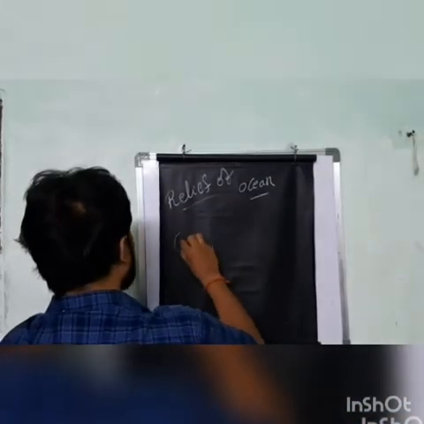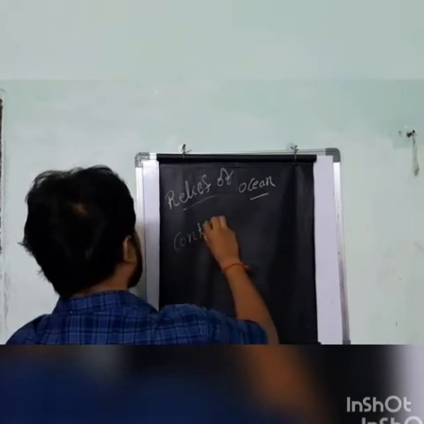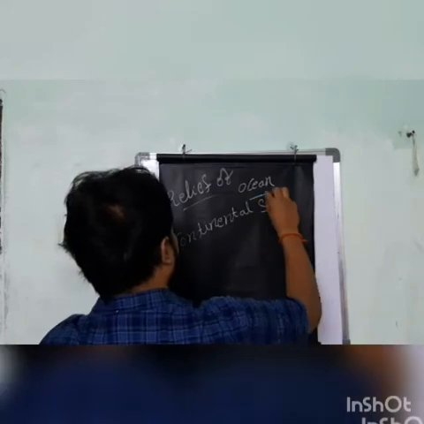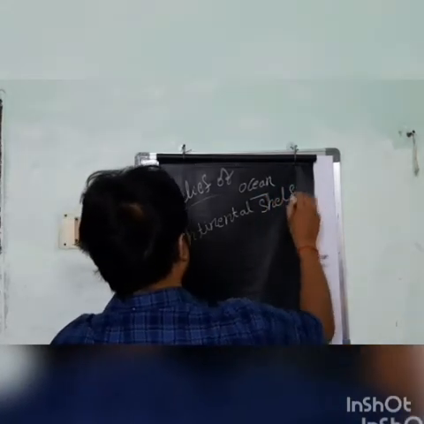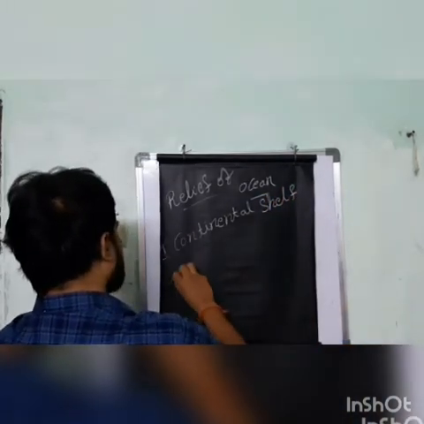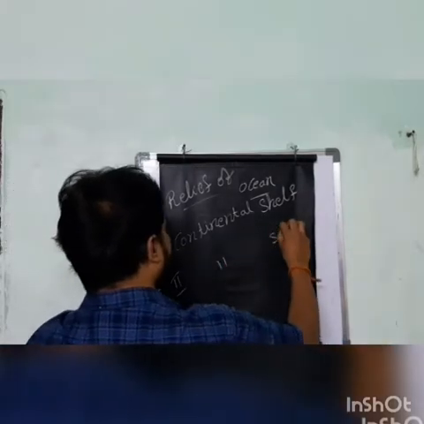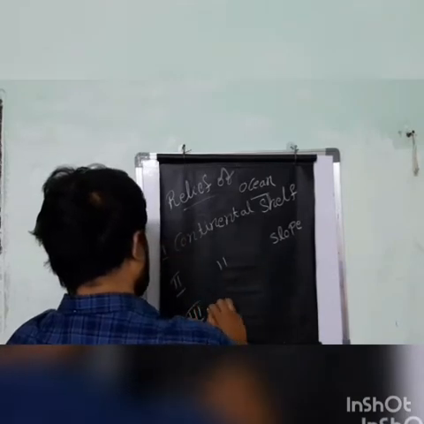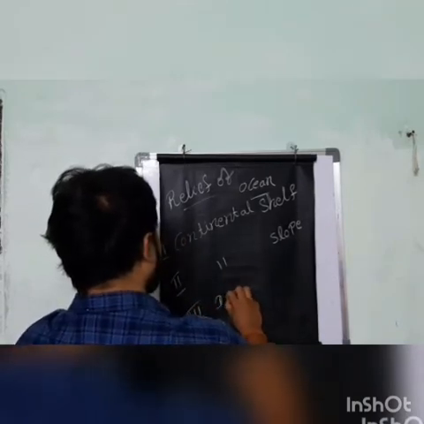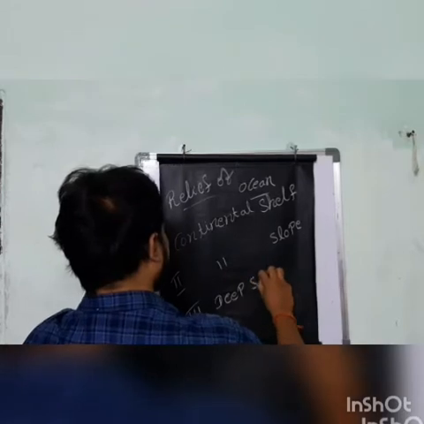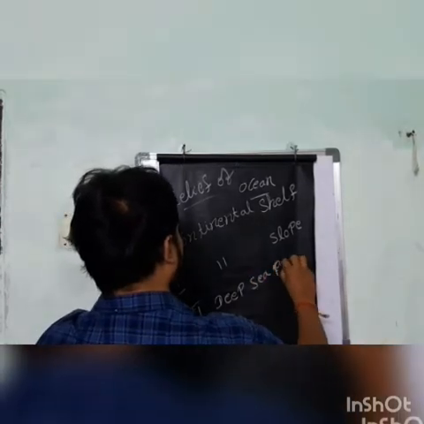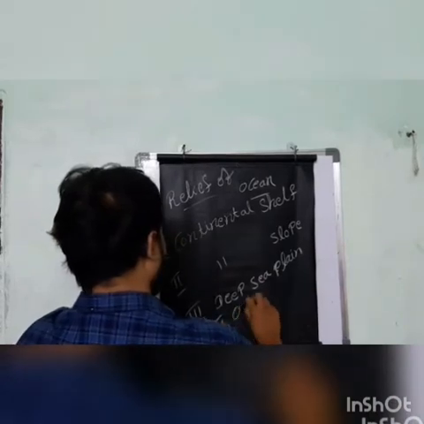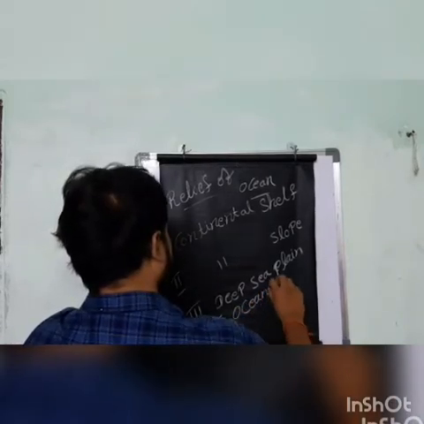One is called Continental Shelf, second is Continental Slope, third is Deep Sea Plain, and the last one is Oceanic Trenches.